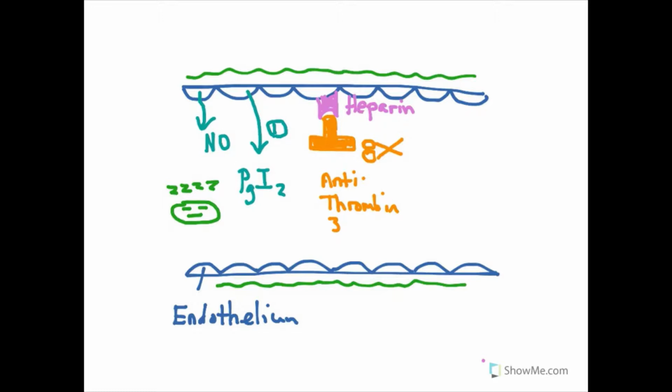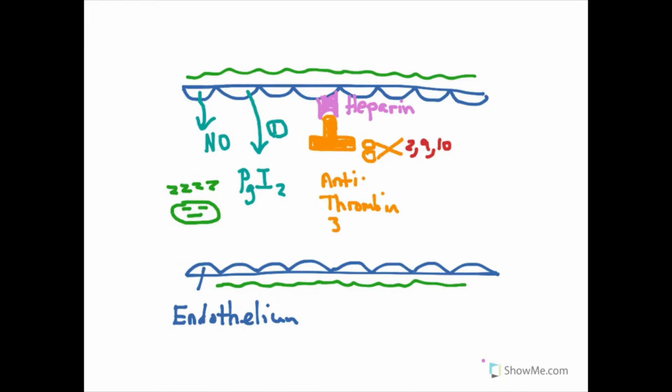Right now, don't worry until the very end, and I'll go over the full names. And in the description, there'll be a link to a document that will show you guys what it is. But it deactivates factor 2, factor 9, and factor 10. Antithrombin 3, 2, 9, 10.